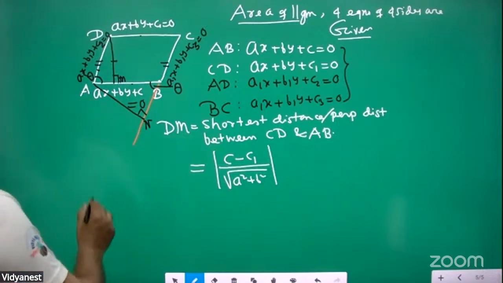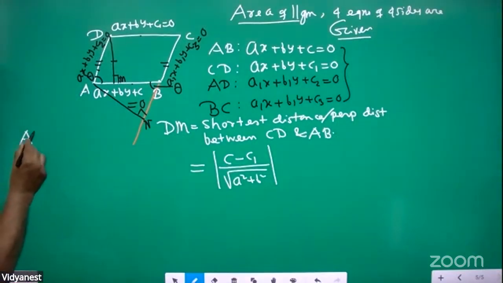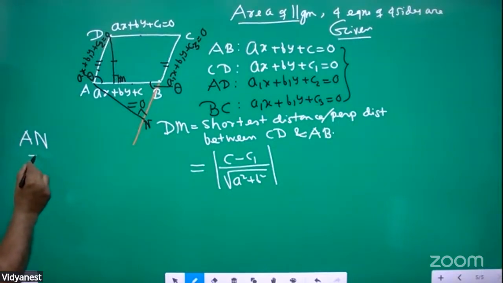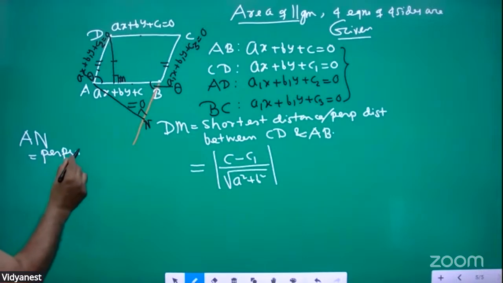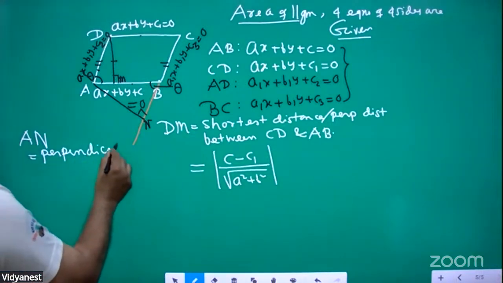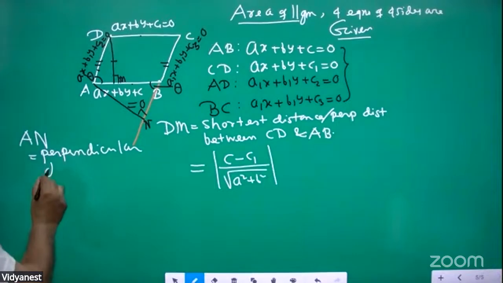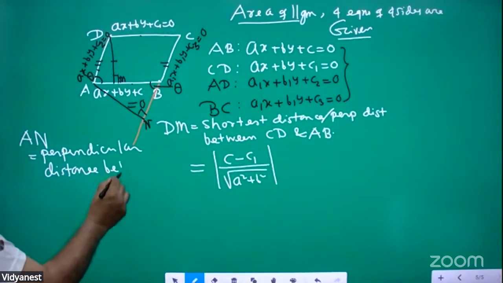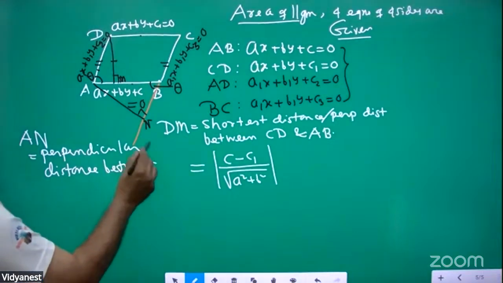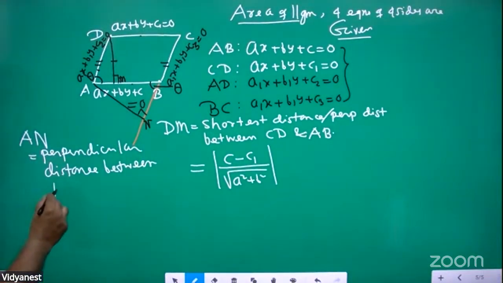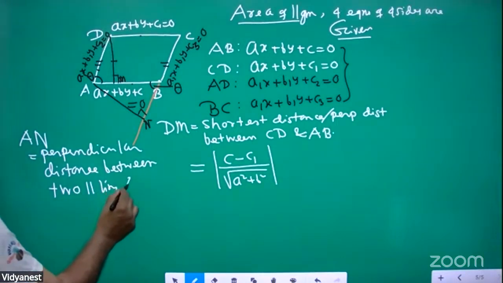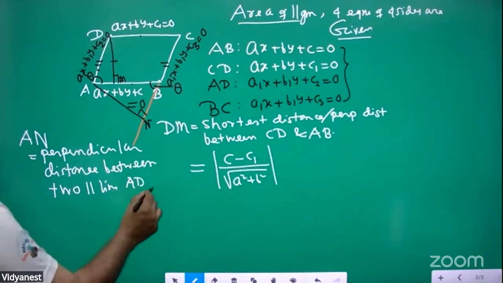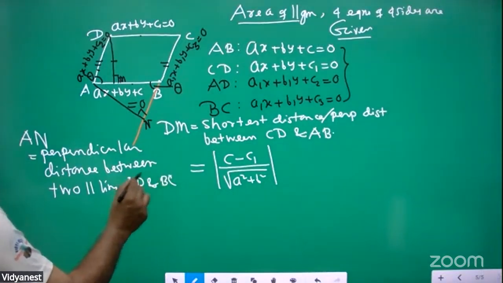So, N is the perpendicular distance between two parallel lines AD and BC.